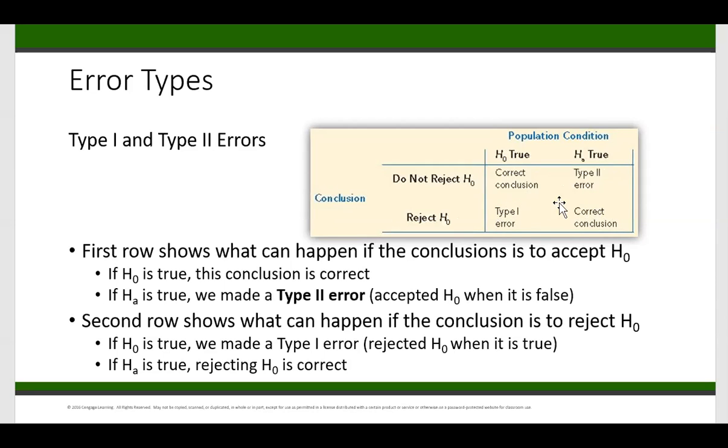In 2 cases, we're making the right conclusion. So our test is performing well, performing correctly. If the null hypothesis is true actually, and we do not reject the null hypothesis, that is exactly what we should be aiming for. This is a good case.